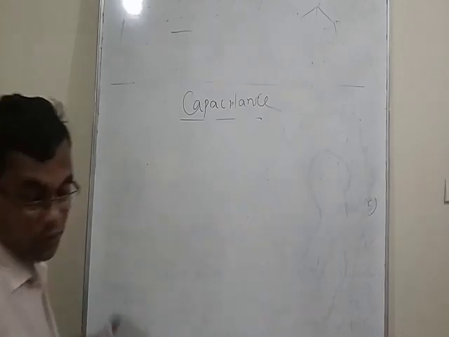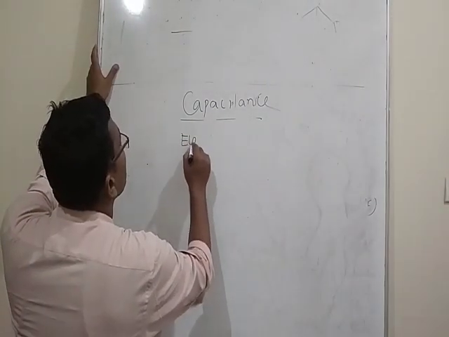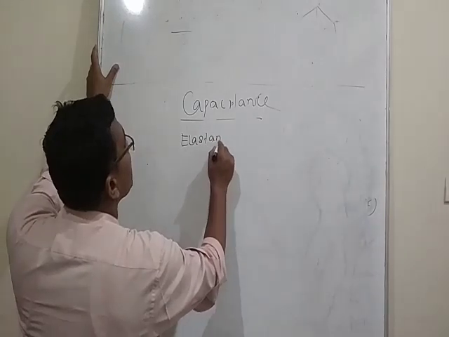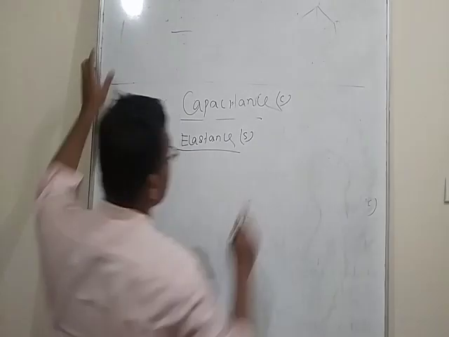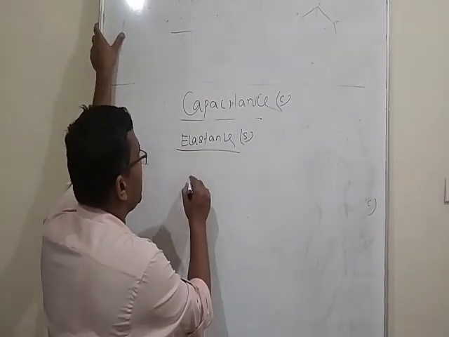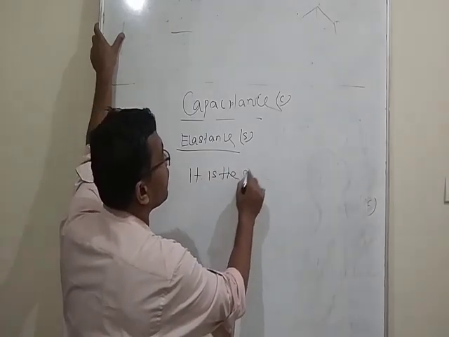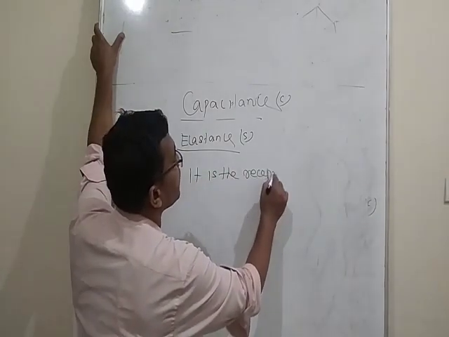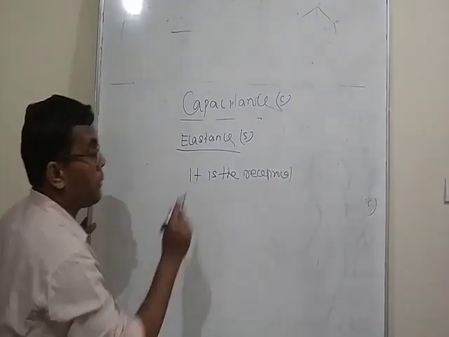Now come to another term called elastance. Capacitance is C, elastance is S. Elastance is the reciprocal of capacitance.